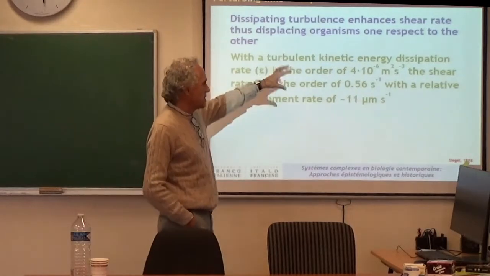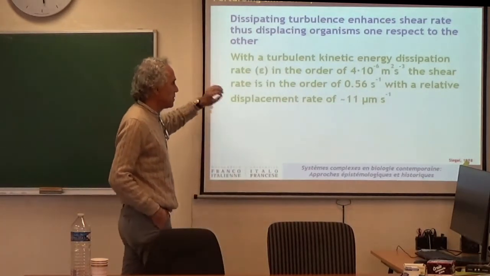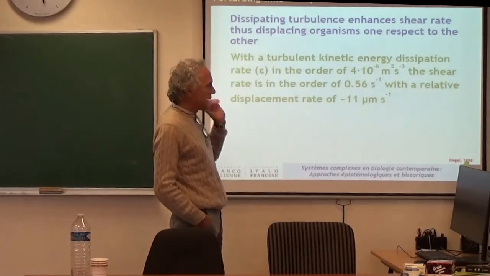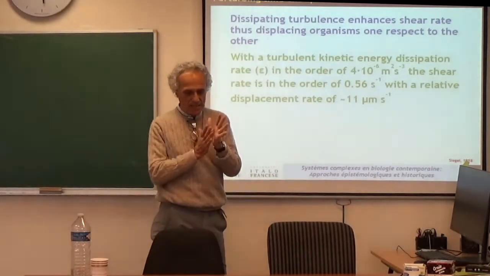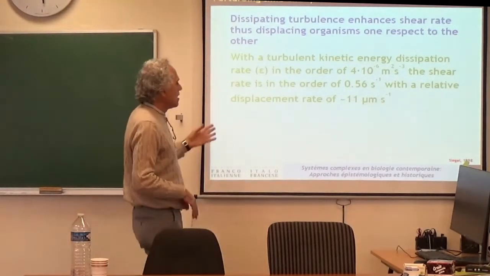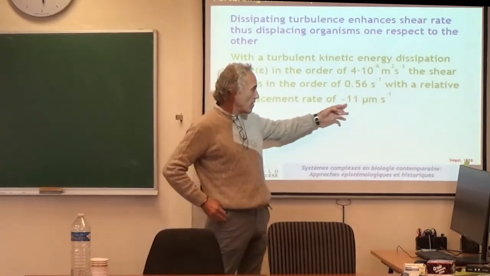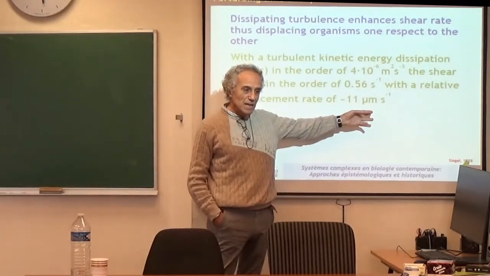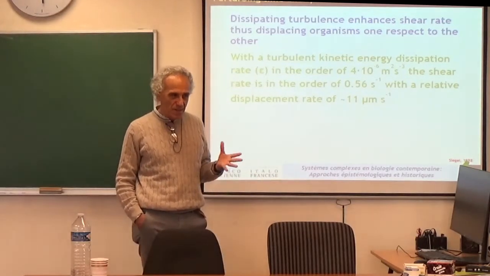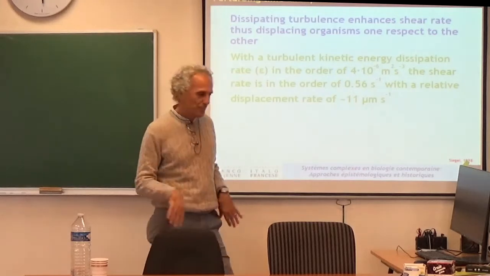If you take a quite low level of turbulence, with the kinetic dissipation rate in the order of 10 to the minus 6, then the shear rate, which is the sliding of one layer of water with the other, makes the relative velocity of one particle to the other in the order of 11 microns per second. So this means that if the water is not absolutely calm, the organism has very little time to interact.